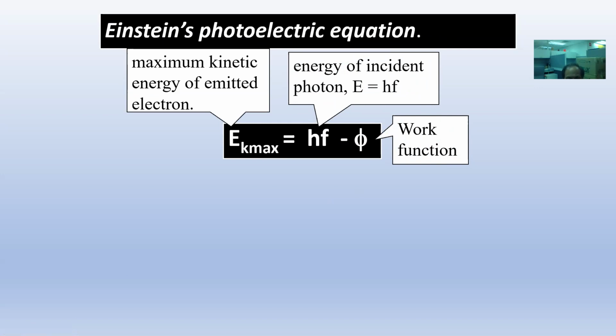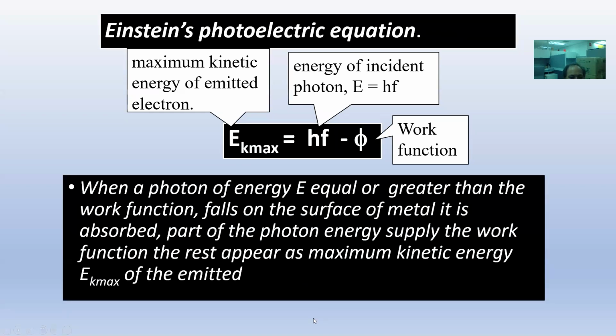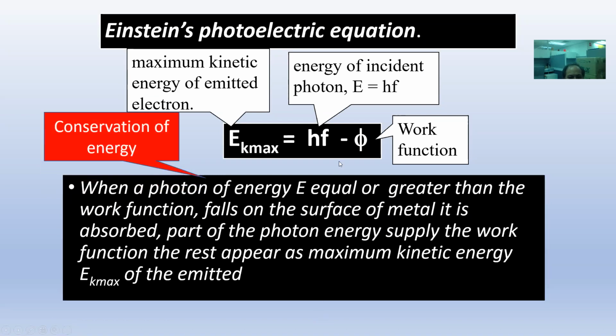If your speed is larger, then you can exceed a certain distance. So that is the purpose of this work function. You have to give the electron that amount of energy before it can escape with that kinetic energy. So basically this is a formula for conservation of energy.